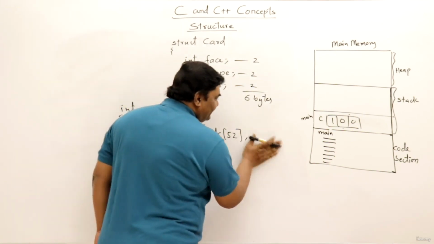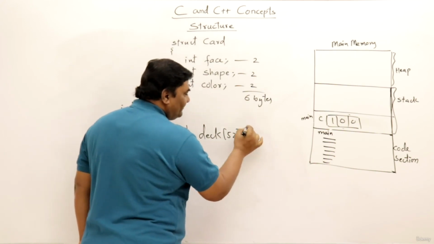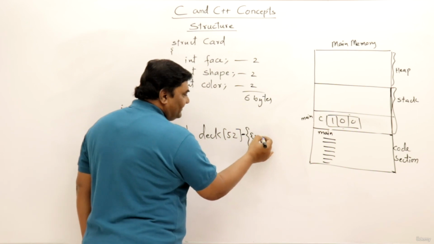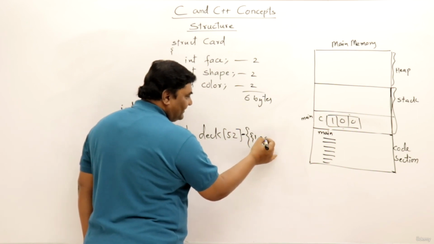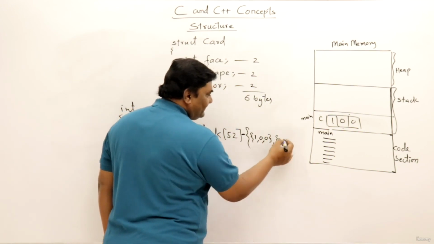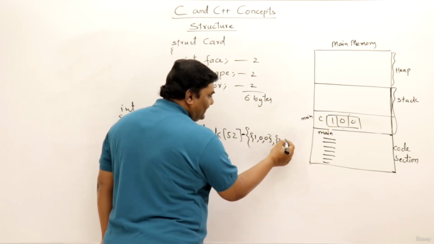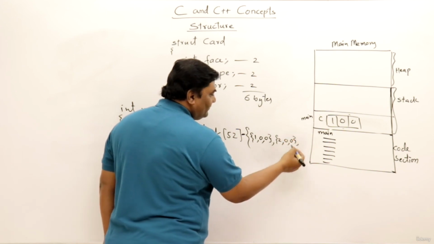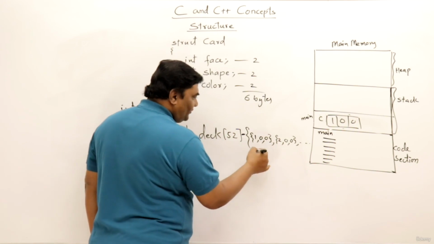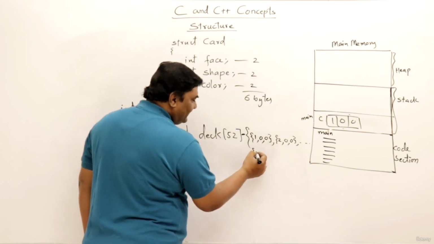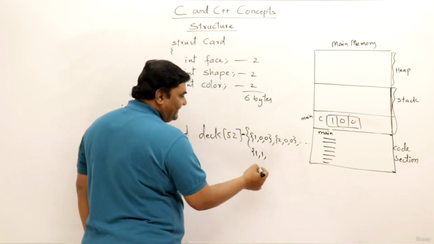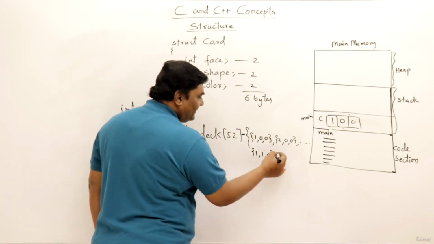If I want to initialize it, for a few cards I will do: first card is ace of club or clover and black color. This is the first card. Then second, that is card 2, face value is 2, and this is club and color is 0. So on, I can fill this one. Now afterwards, if I want to start filling the other shapes, like ace of, next is spade and the color is 0, right?